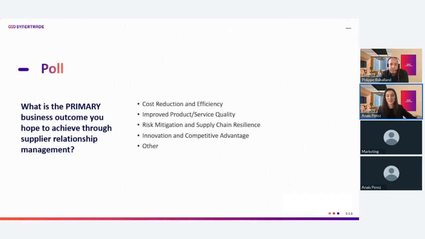We really see a shift in how procurement departments are working, because in the past it used to be very much towards cost and efficiency, and we see how the situation worldwide is really affecting how we are working with our suppliers and how we're addressing these relationships.